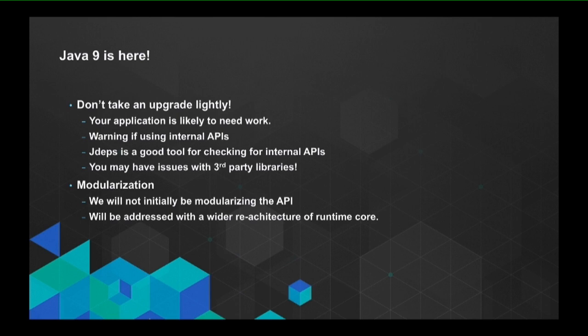That keeps the footprint of your deployment down, which is particularly important for platforms like Android. This is where we'll start making use of modularization going forward, but you're not going to see that from us for another year, I would say.